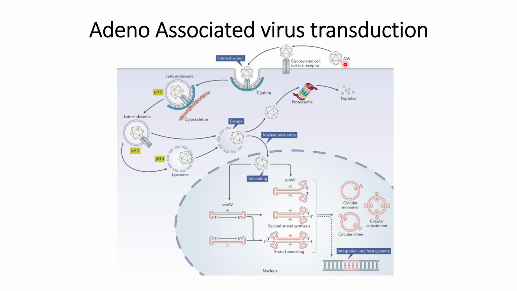It internalizes in the cell with the help of glycosylated cell surface receptors. That is, the adeno-associated virus interacts with these glycosylated cell surface receptors, which helps in the endocytosis or internalization of the virus.